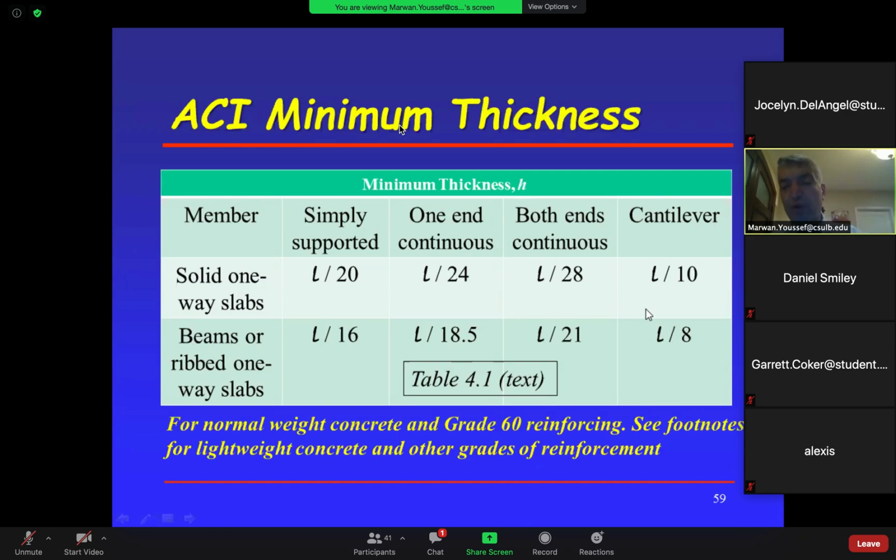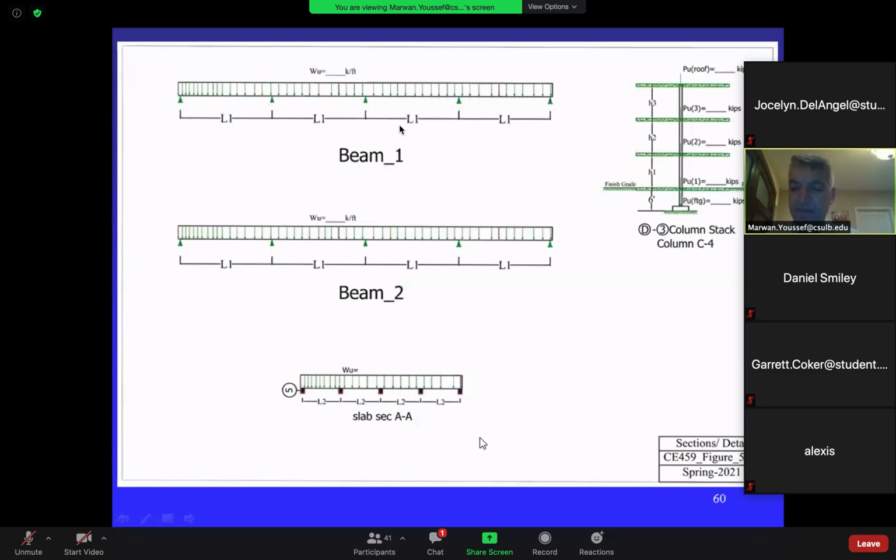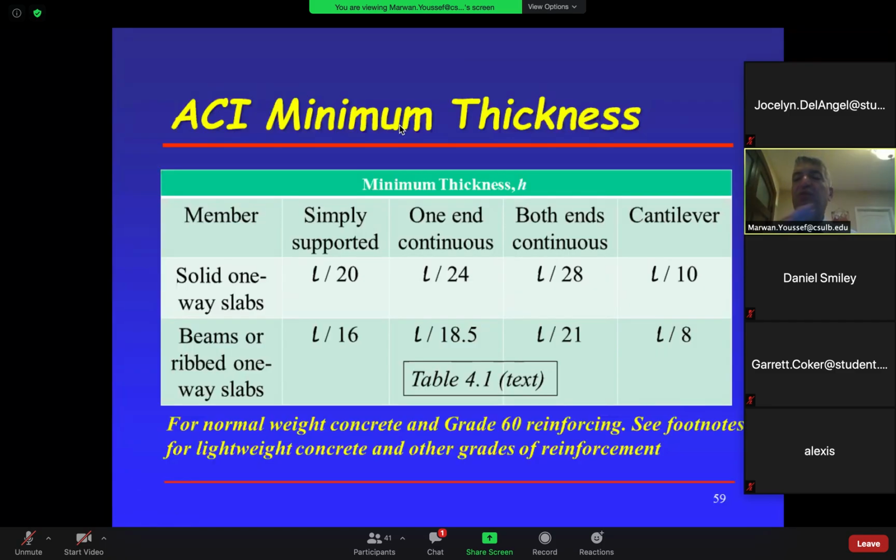If you use these formulas to calculate the thickness of your slab, you don't have to worry about the deflection of that slab. It will meet the minimum deflection required. If you use this table to determine the dimension of the beam, you don't have to worry about the deflection of the beam. That means this is on the conservative side.